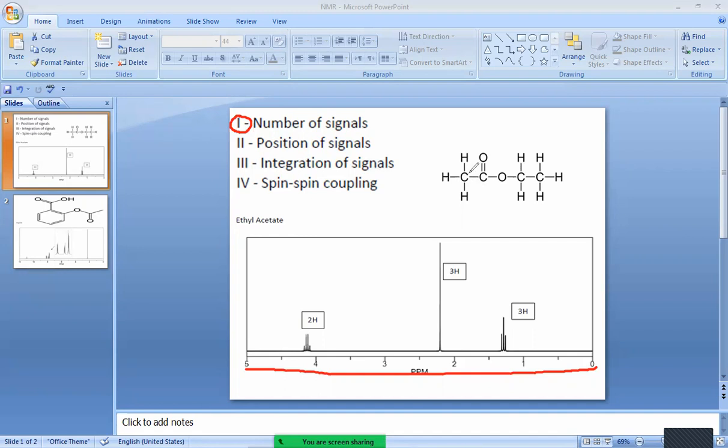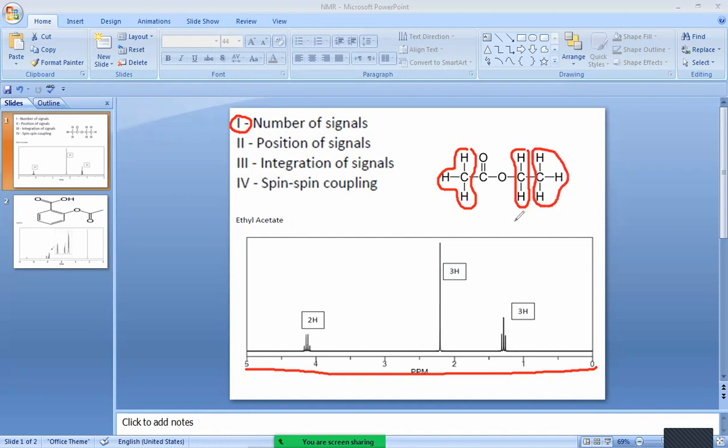So the first thing is that this group of hydrogens are all bonded to the same carbon, so they are equivalent hydrogens. So this is one signal. This group of hydrogens is bonded to a carbon atom, so this is the second group of hydrogens. This one is also bonded to another carbon.